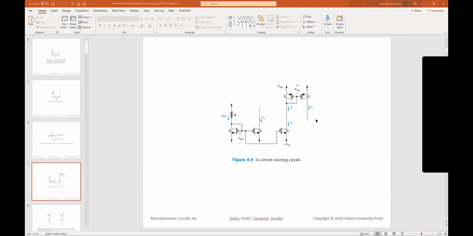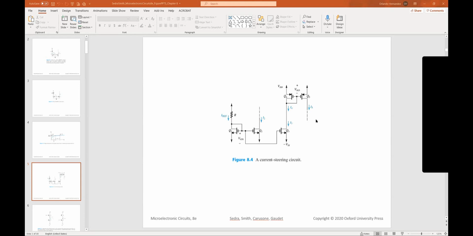Because if my output current is a multiple of some reference current, which I can consider my input, then what we're talking about is the current amplification capability of these circuits. And if we want to look at the current mirrors as current amplifiers, then we have to look at the small signal model of it.